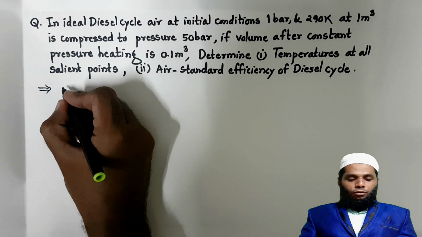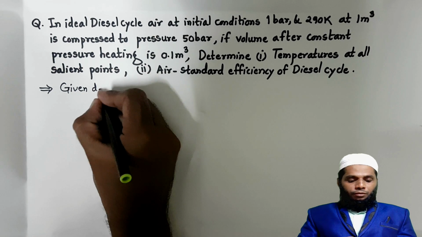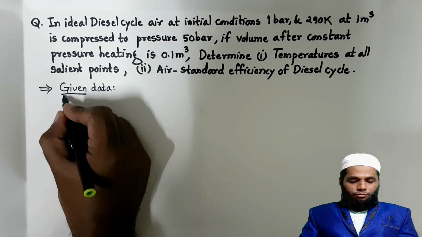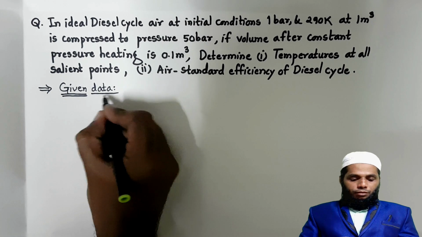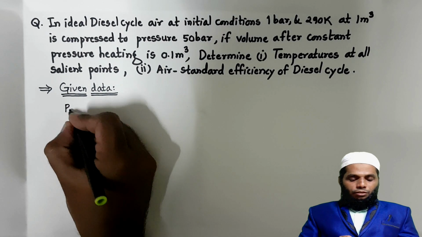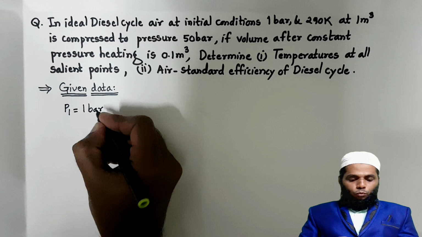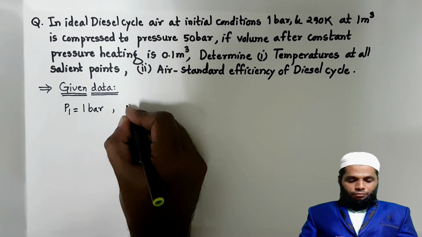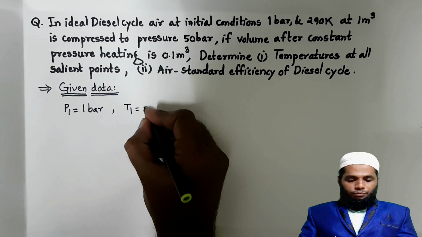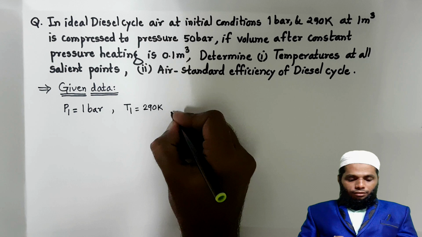So in order to solve this problem, we'll write given data. So the parameters given for us are initial pressure P1 1 bar, then temperature T1 is equal to 290 Kelvin.